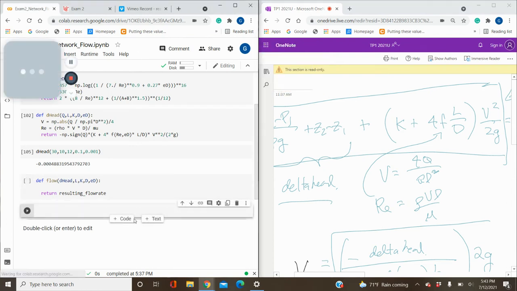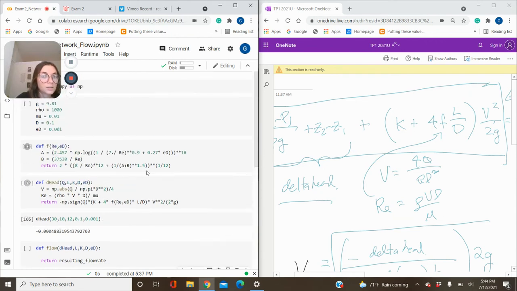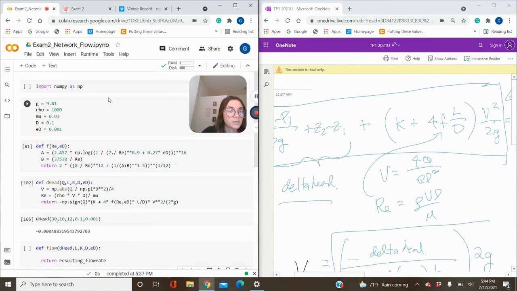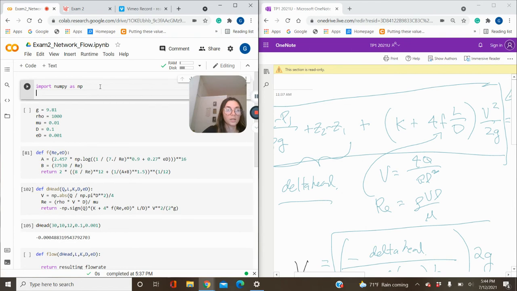I'm going to add new code here. Let that transfer. And we cannot use our Newton function until we define it using SciPy.